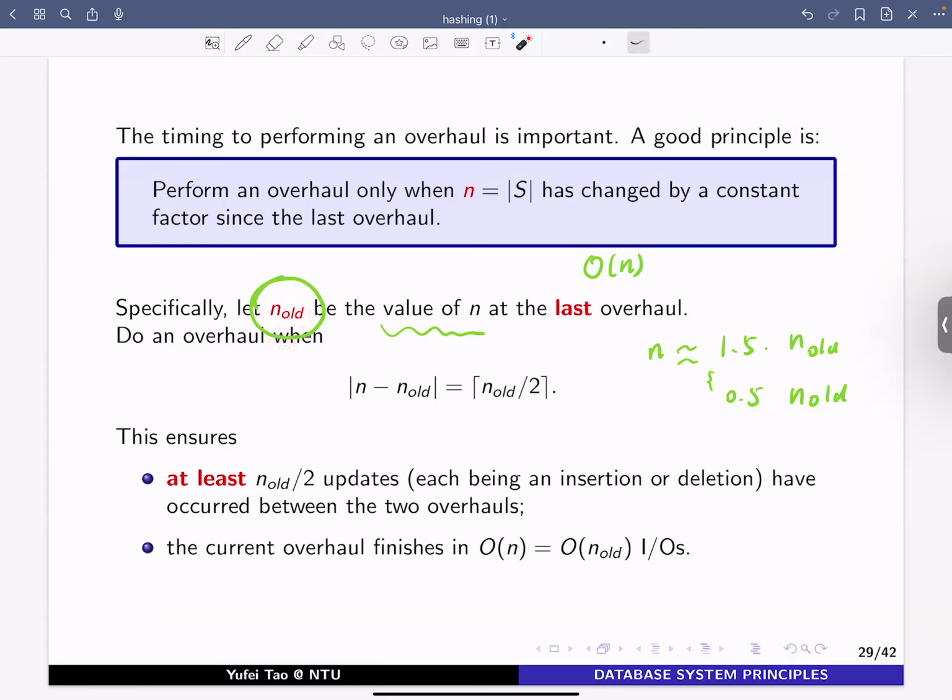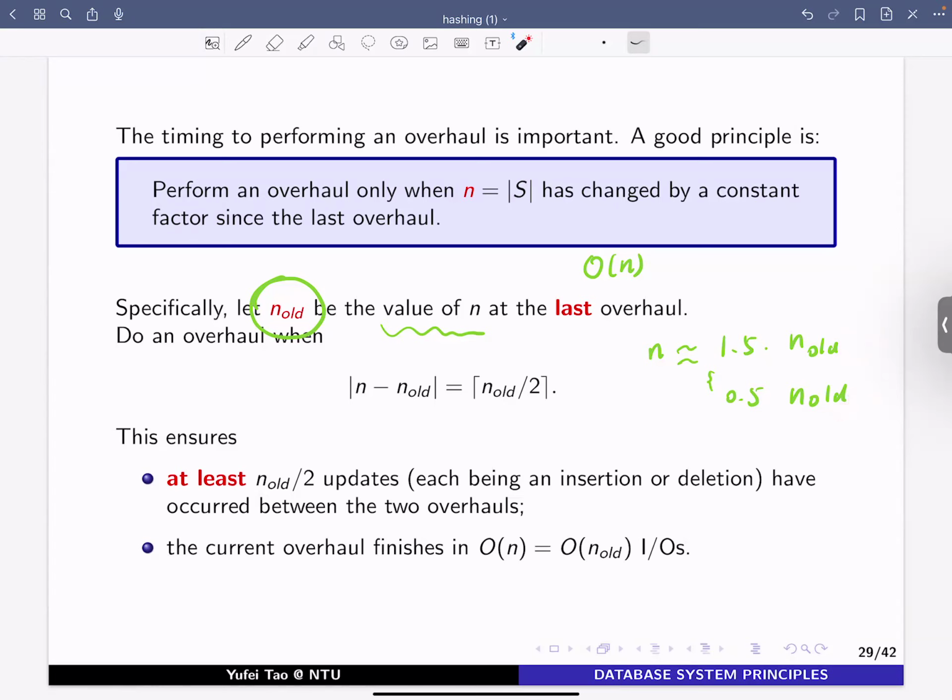I can say that at least NO divided by 2 updates must have occurred for the next overhaul to happen. So in this situation, there must have been at least 0.5 times NO insertions to trigger the next overhaul. And in this case, there must have been at least 0.5 times NO deletions to trigger the next overhaul.